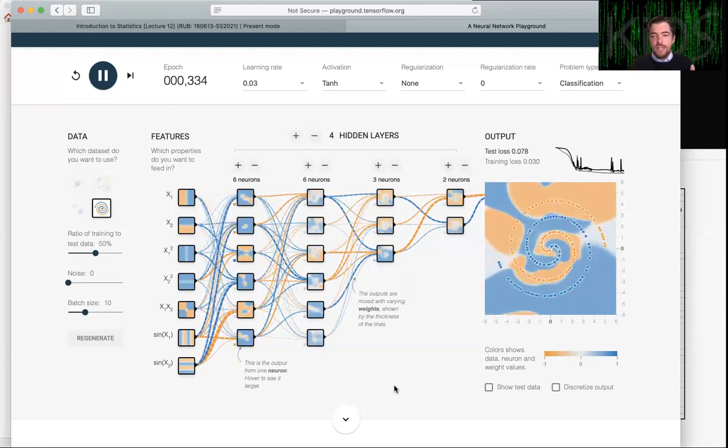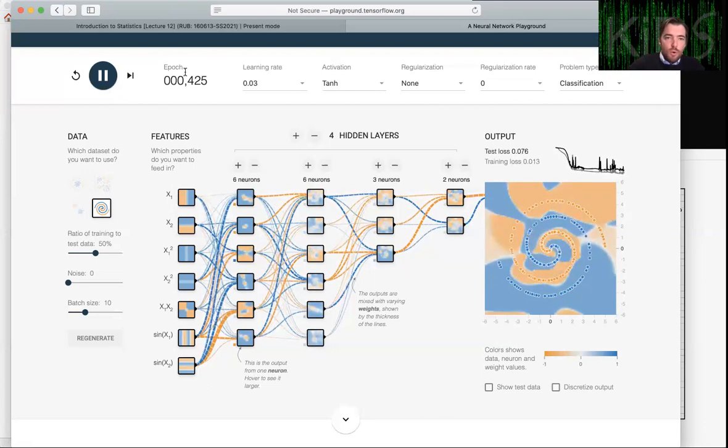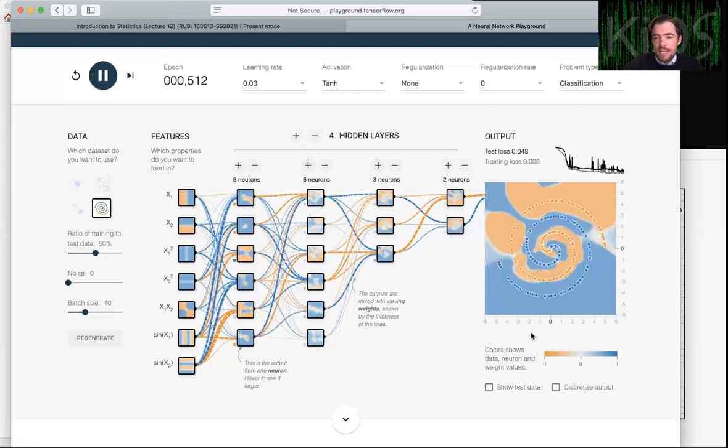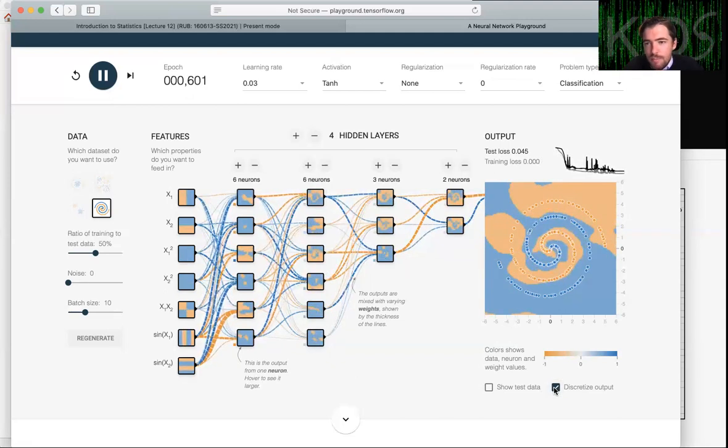And so now we've basically given it quite a lot of freedom. And what you can see is that after a relatively small number of epochs, we've produced this spiral pattern. We've produced a classification that's pretty close to the actual classification that we're interested in.